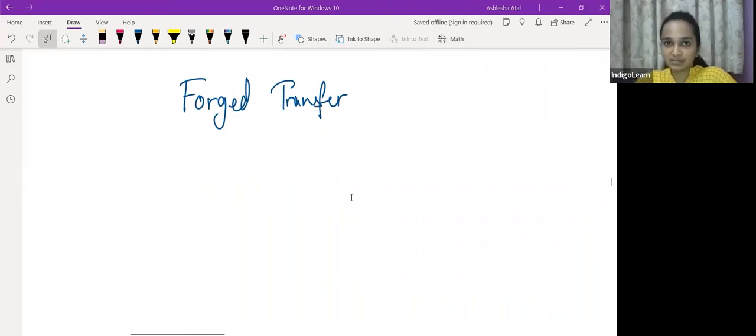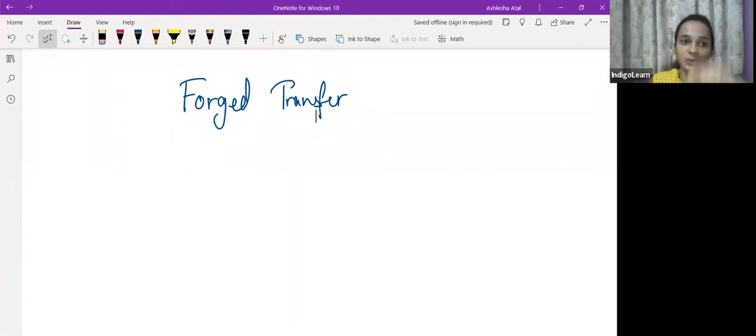Forgery means what? Illegal signature. Basically copying someone's signature and stating कि ये सही signature है.